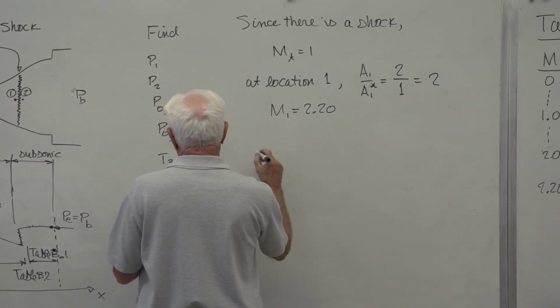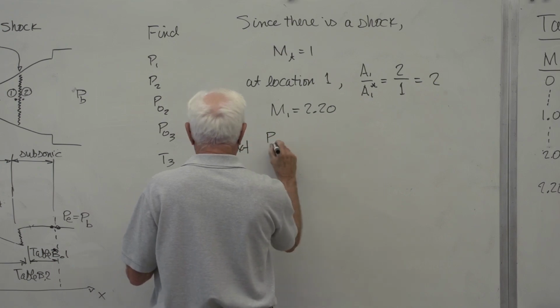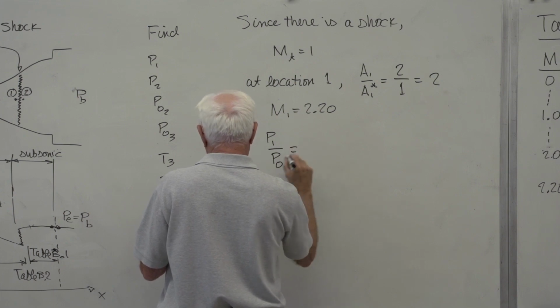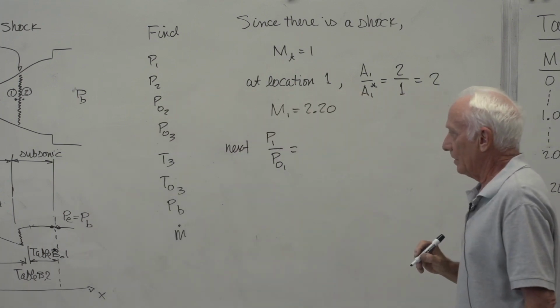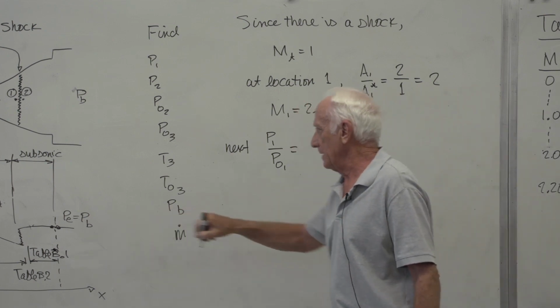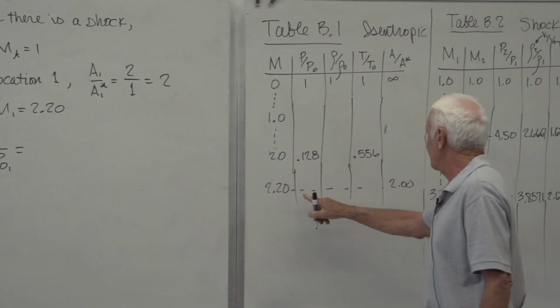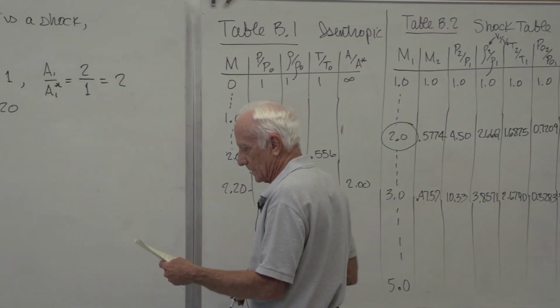Now I want to find P1. So next, P1 over P naught 1 is equal to. Where do I go? Table B1, it says it right there. Mach number 2.2, got it. I want to find this value right here.